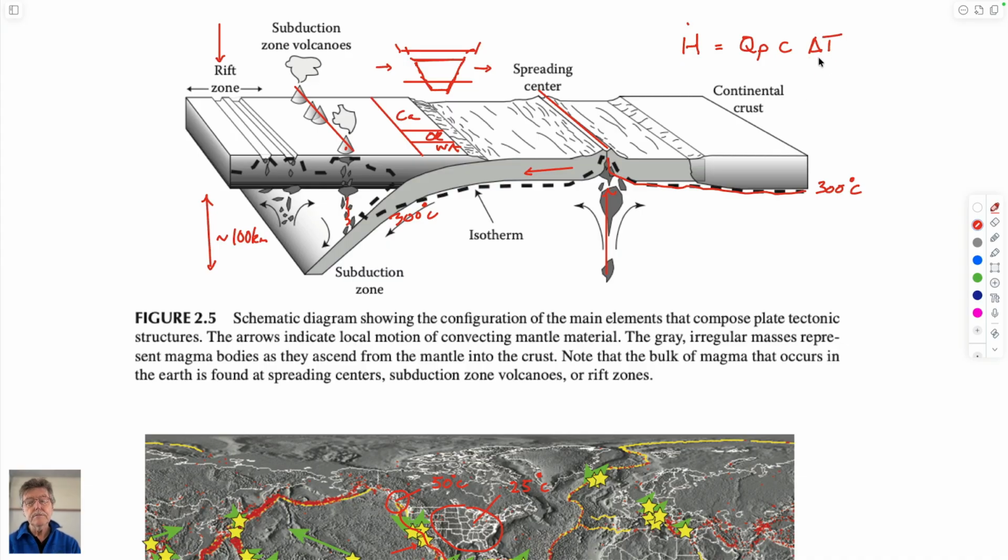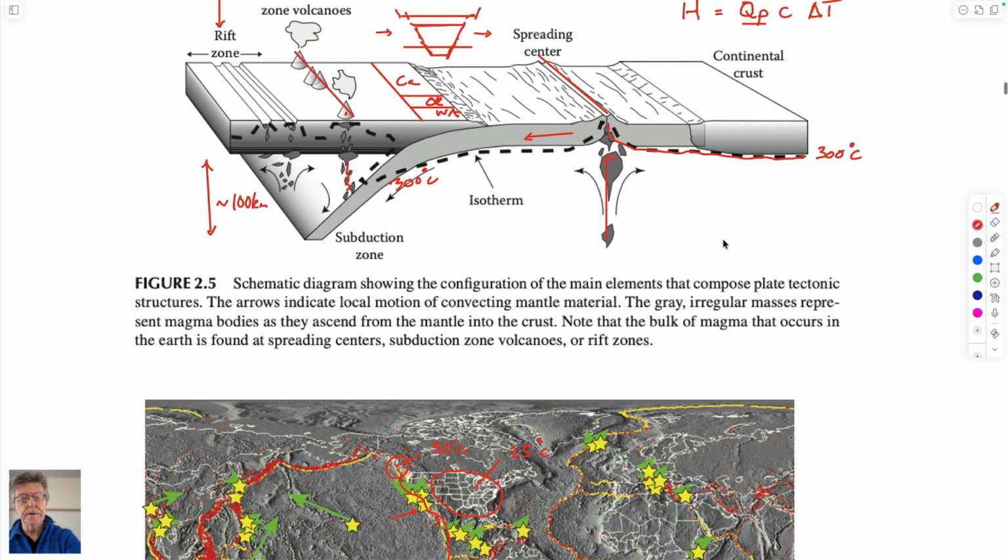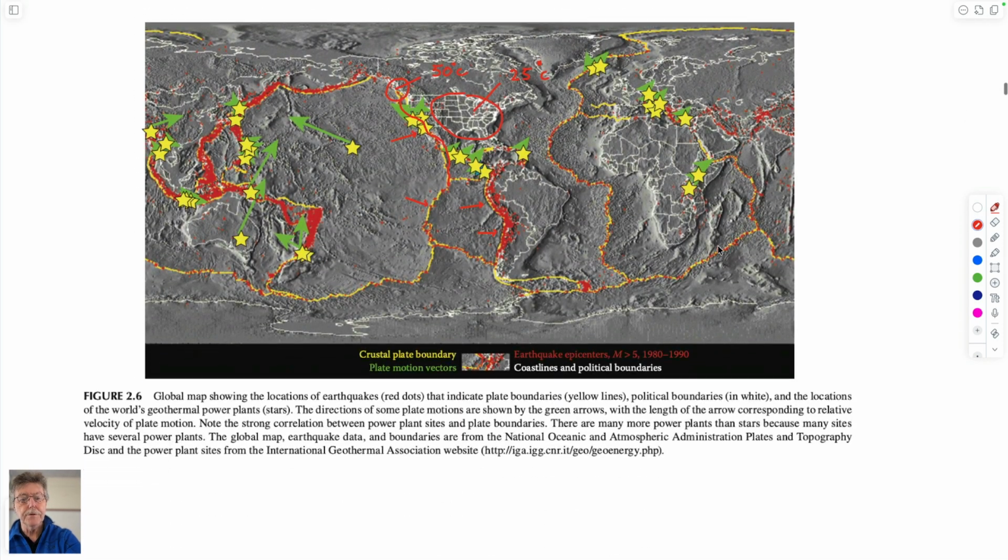So having rock hot at shallow depths makes it accessible, but if you're not able to get volumetric flow of liquid through it, the heat transfer agent, water usually in our case, then that's all for naught, because all of the terms in this equation have to be relatively large for the product of them to be large. Having one that's zero doesn't help you.